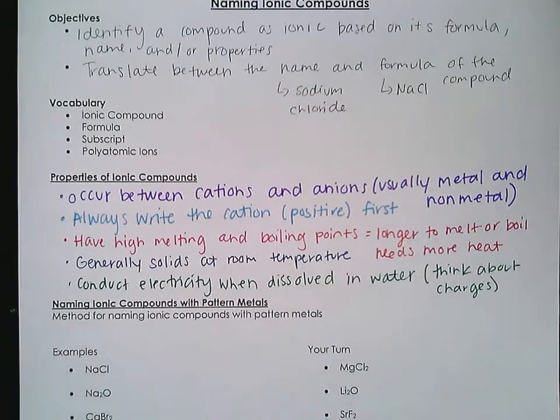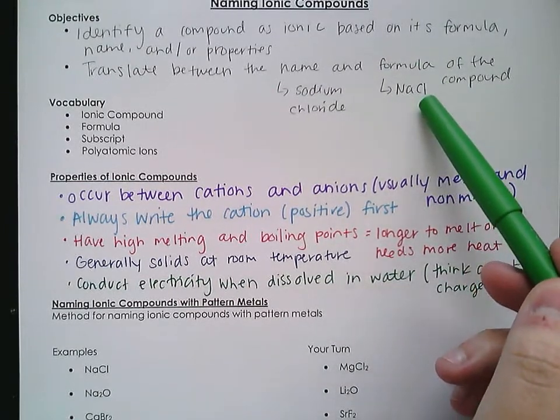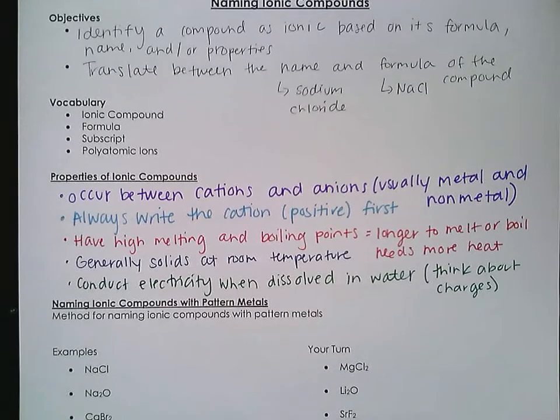You think about a battery. There's a positive end and a negative end to a battery. And if we're looking at our compound, there's a positive ion and a negative ion. So those charges are going to help us conduct that electricity, to light a light bulb, things like that. So again, if we get to do that lab, you will see that.